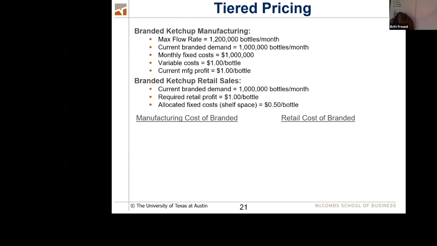and we're selling 1 million bottles a month on average, our fixed cost that we allocate to each bottle is $1, and we're making $1 per unit profit, which means we're selling it for a price of $3. So Brooke set up a good price with H-E-B. They're selling it for $3.